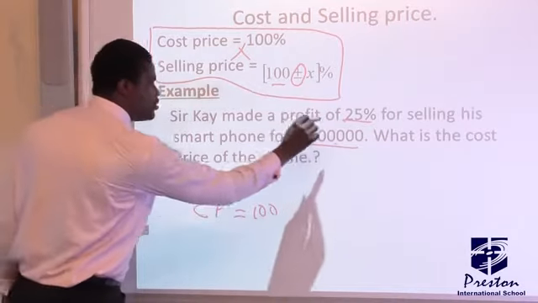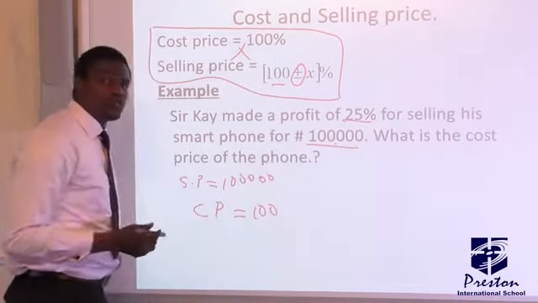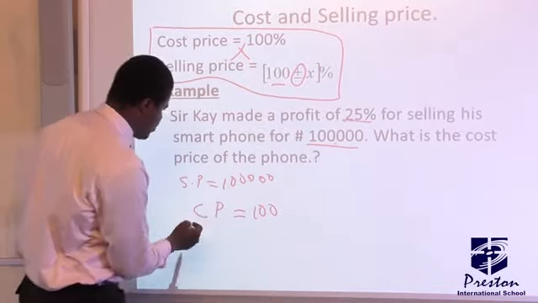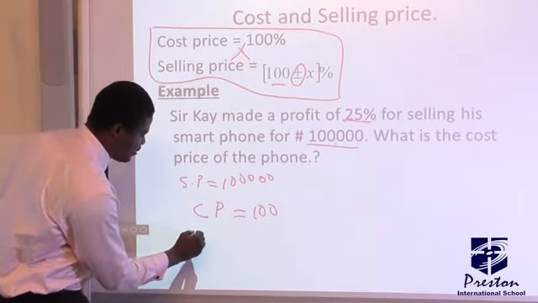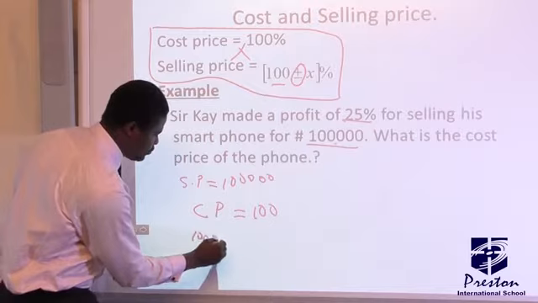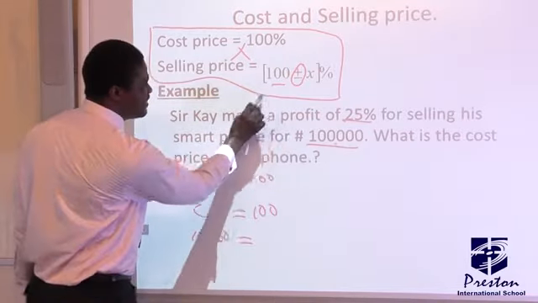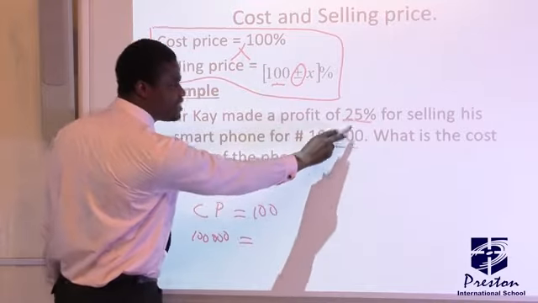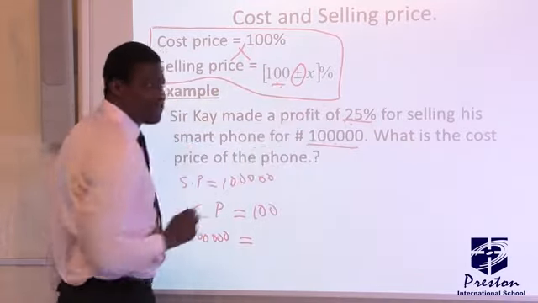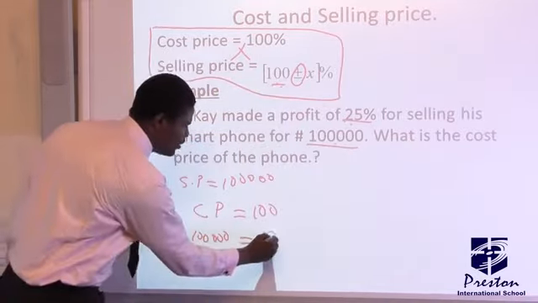Now, the profit for this question is 25%. So that means our selling price is 100,000, equal to what is now the new percentage? Because this is profit, 100 plus 25. This will give us 125.